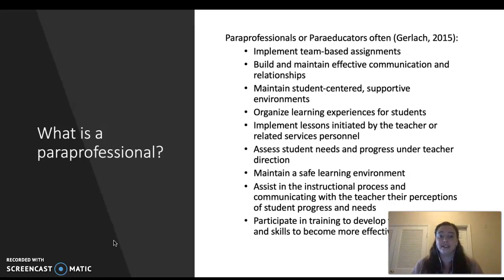Some of the tasks that paraprofessionals often engage in include implementing team-based assignments, building and maintaining effective communication and relationships, maintaining student-centered supportive environments, organizing learning experiences, implementing lessons initiated by the teacher or related service personnel, assessing student needs and progress under teacher direction, maintaining a safe learning environment, assisting in the instructional process and communicating with the teacher perceptions of student progress and needs, and participating in training to develop knowledge and skills to become more effective paraeducators.